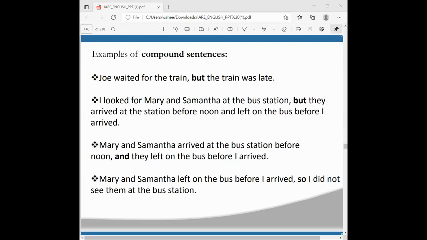An independent clause is the same as a simple sentence. Some clauses are dependent, meaning that they cannot stand alone. They have a subject and a verb, but they do not express a complete thought. Another word for dependent is subordinate. A dependent clause is a subordinate clause.